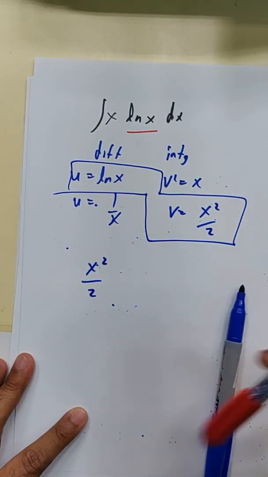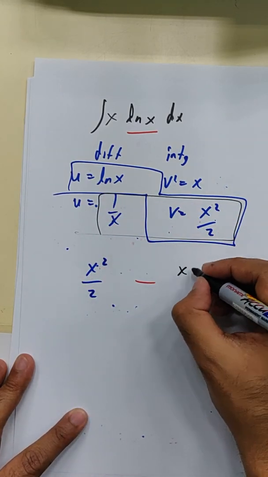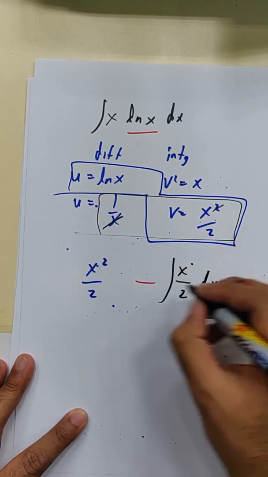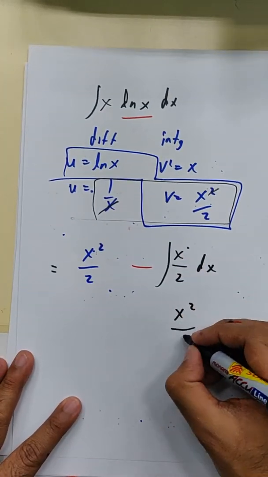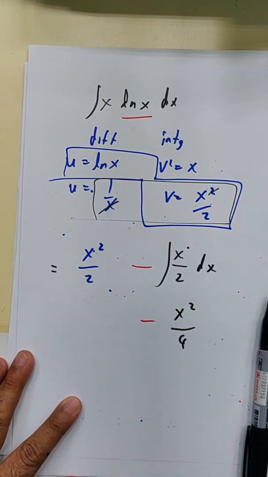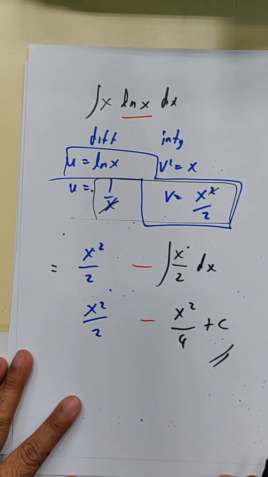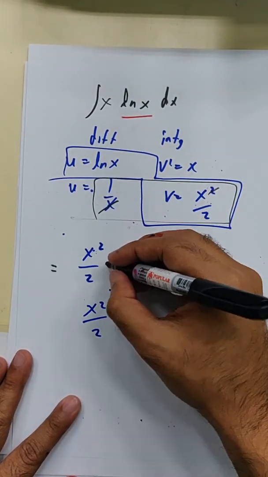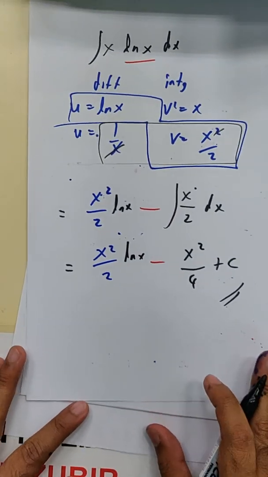And then minus, as you can see here, I can simplify. Integrating x over 2 will give you x squared over 4 plus c. I think I missed my ln x. Sorry, I'm a bit fast here. I was being fast, okay?